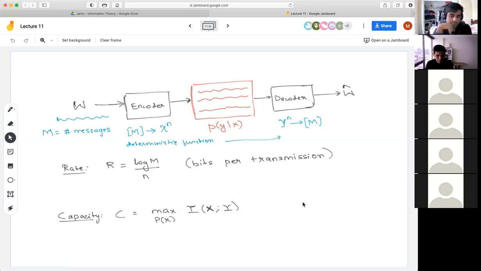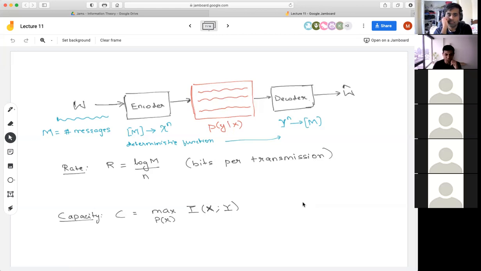So if I can reliably communicate, and we'll get to that in a minute, what it means to communicate reliably, then I'm sending you one of m possible messages, and I'm thinking of the uniform distribution, so the entropy of the set of my messages is log m. And I'm using the channel n times to send it to you. So per transmission, I'm sending you log m over n bits of information. So that's roughly what defines the rate.